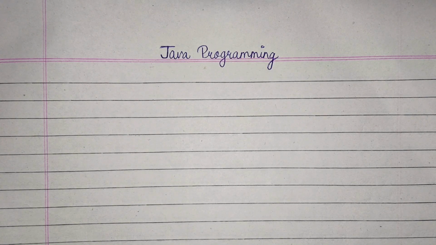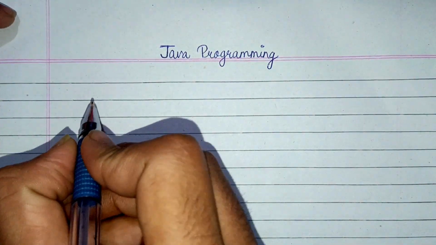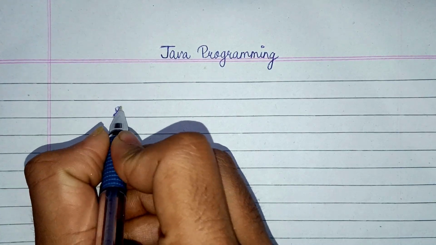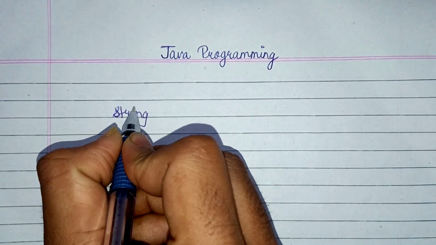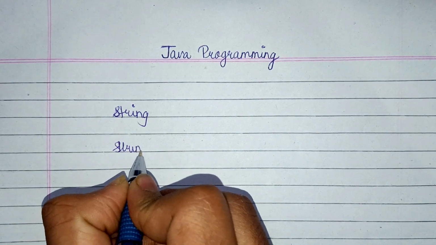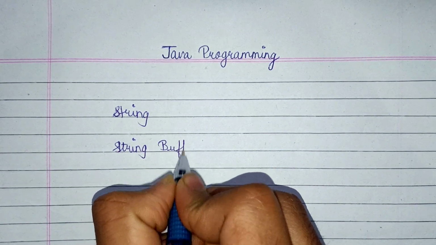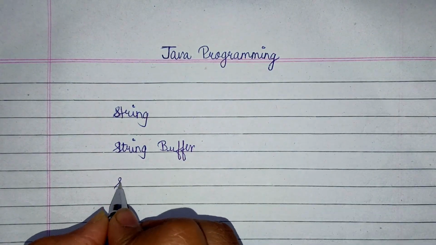In this video we are going to see what are the classes used to handle and manipulate the strings. So let's start. Basically there are three classes. First is string, string buffer, and string builder.